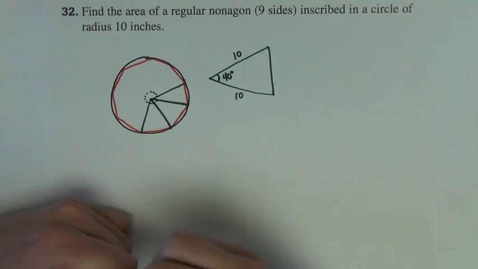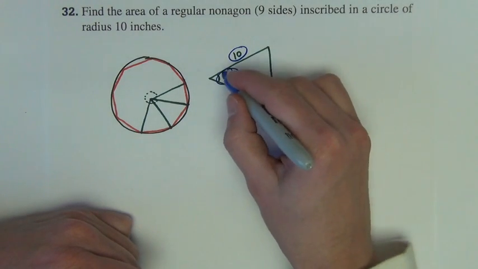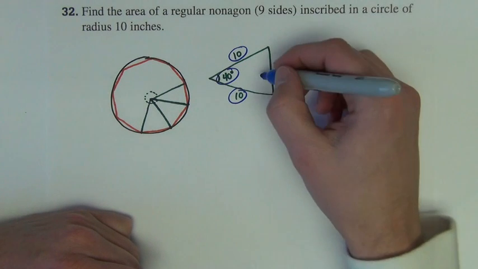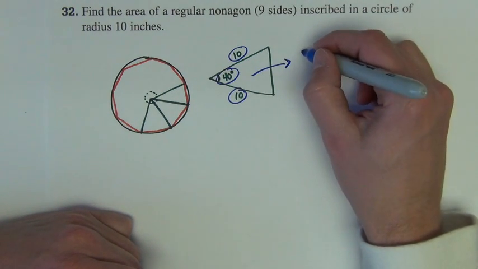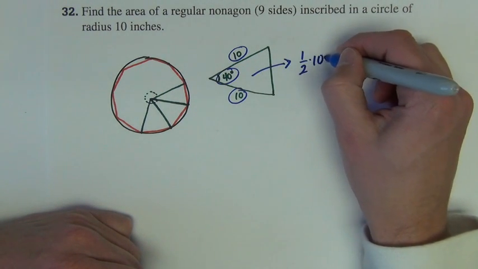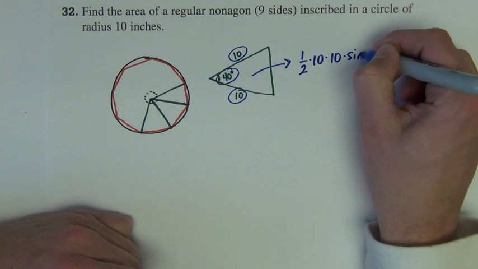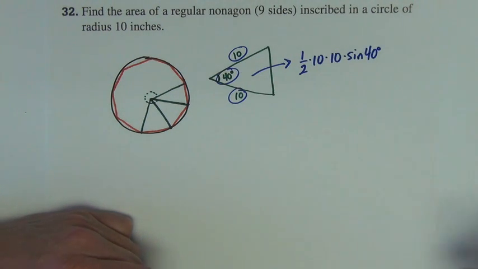And so what we're looking at is a side angle side situation. The area of this triangle is equal to half times 10 times 10 times the sine of 40 degrees.